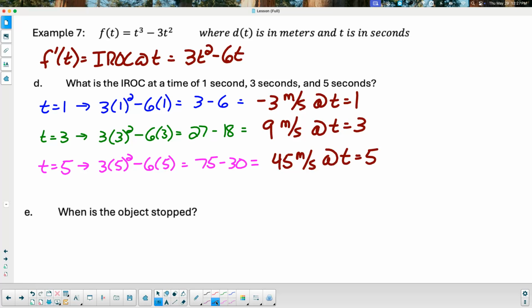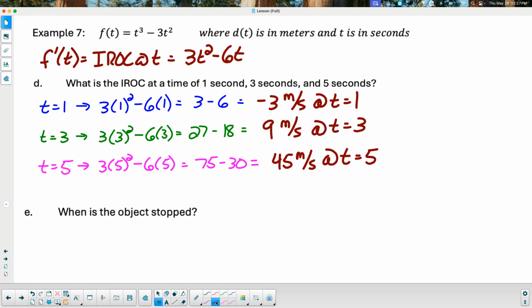Next question says, when does the object stop? That's a good question. When does the object stop? But how can I figure out what exactly it is? Set what equal to 0? Set my IRoC equal to 0, right?